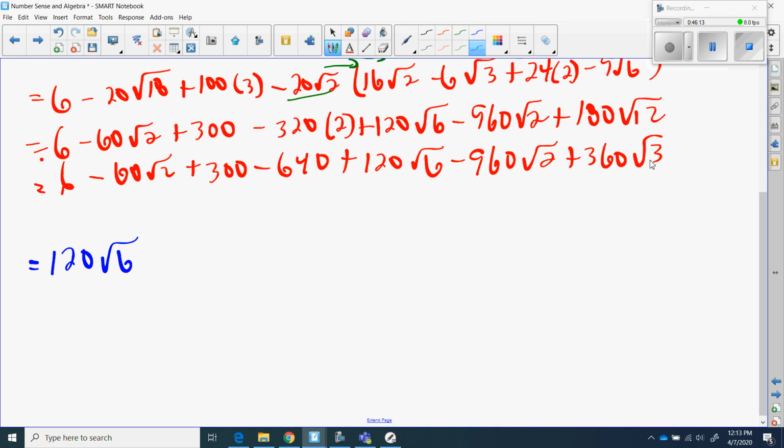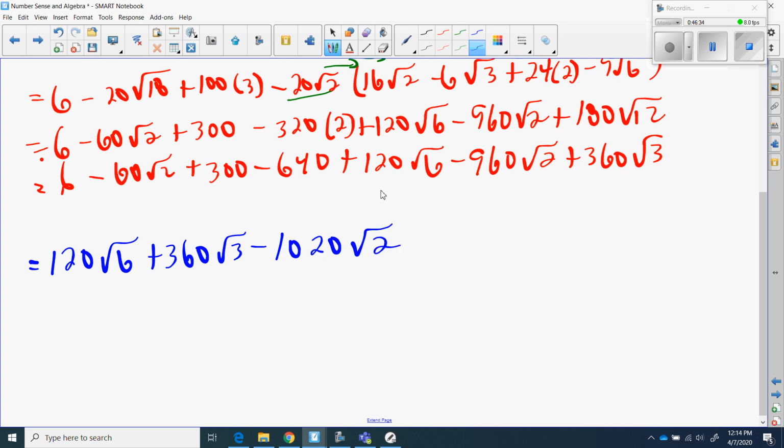Next, radical 3. It's the only one, so it's plus 360 radical 3. Radical 2, there are 2 of them, so I got a negative 960 and a negative 60. So when I group those together, I got negative 1020 radical 2s.